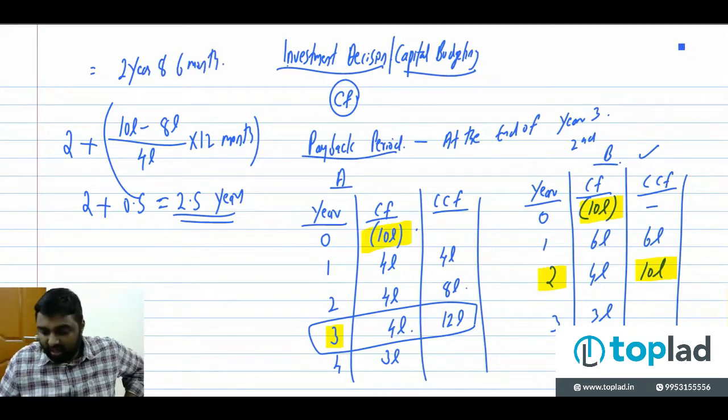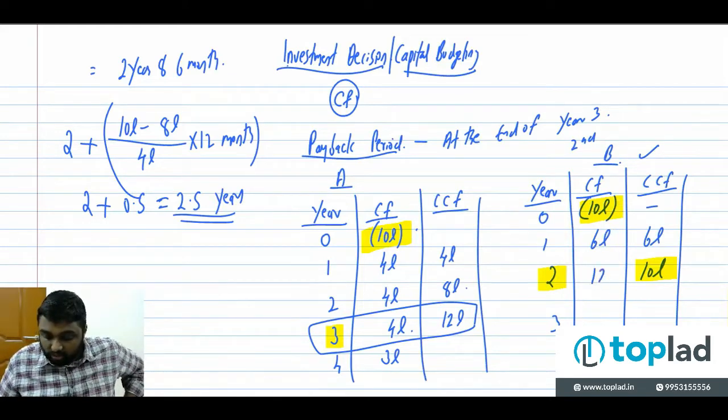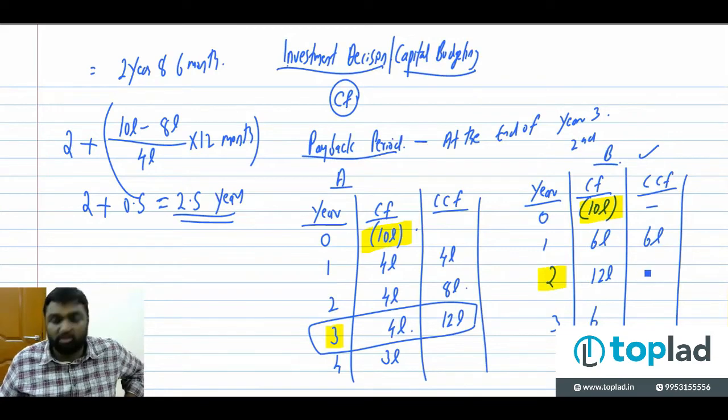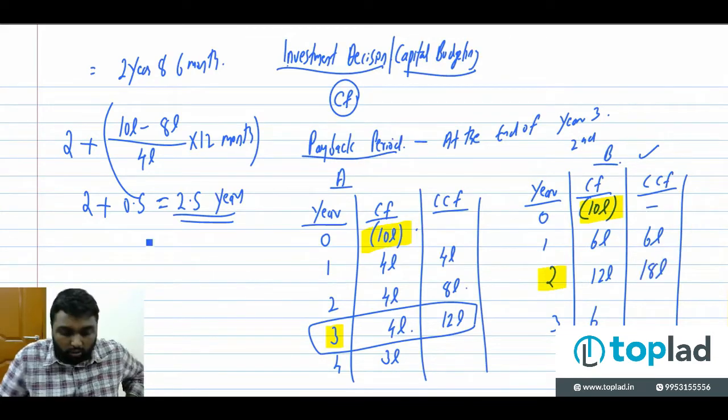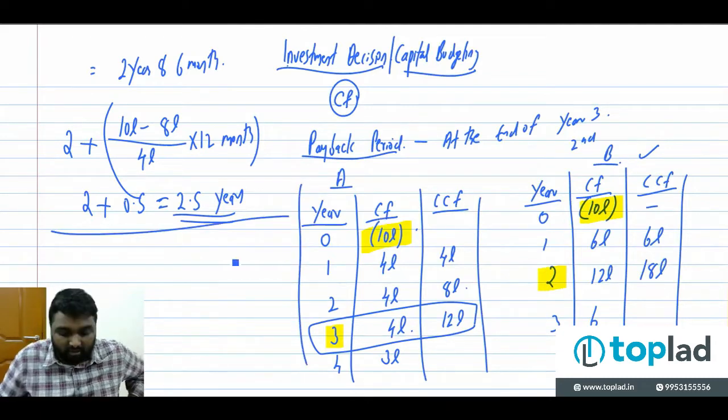How interesting. Now let's say if we make it into 12 lakh, what will be the answer? Here 6 plus 12, we will get 18 lakh. So how to find out? Can you help me? It is between first and second year.